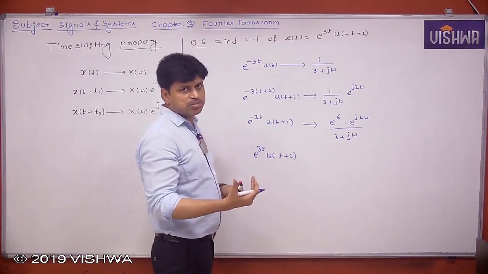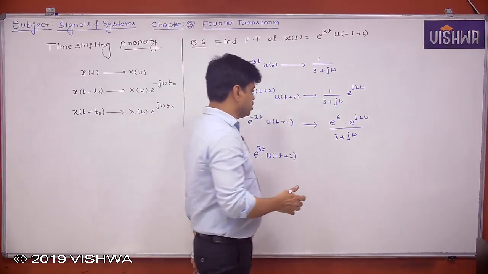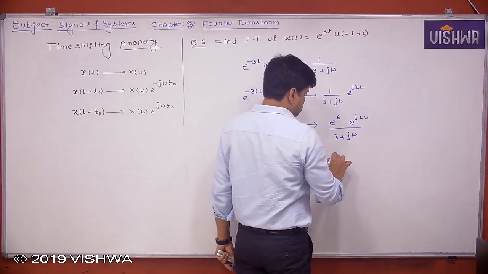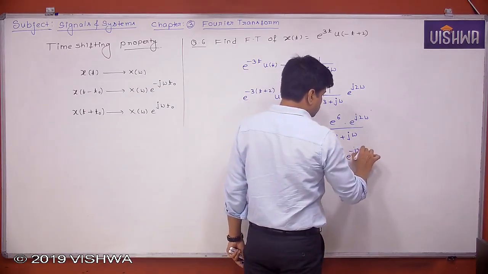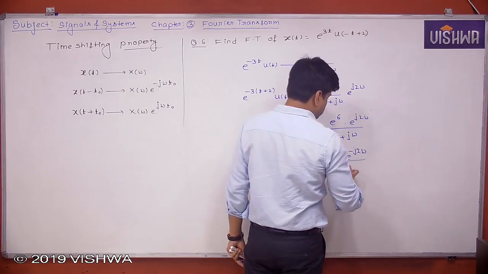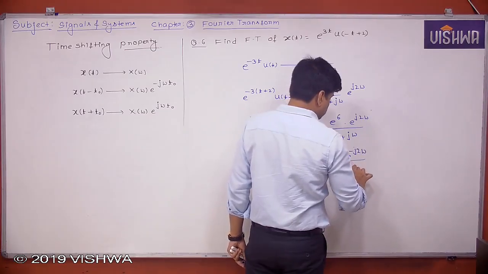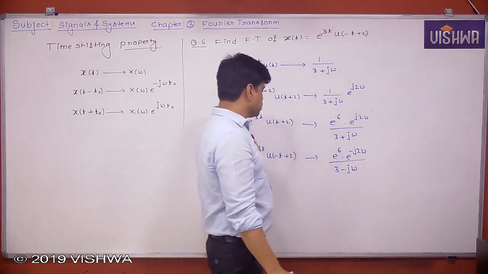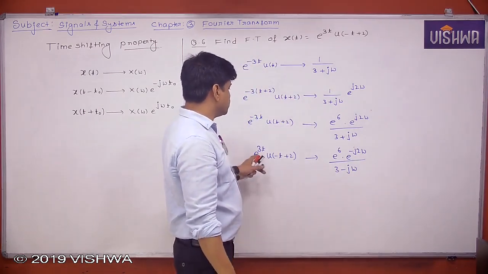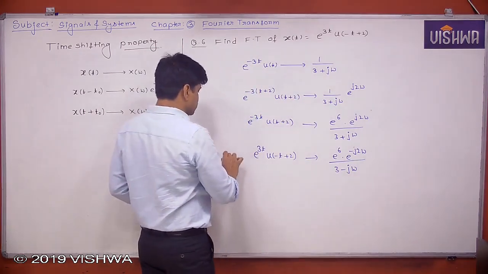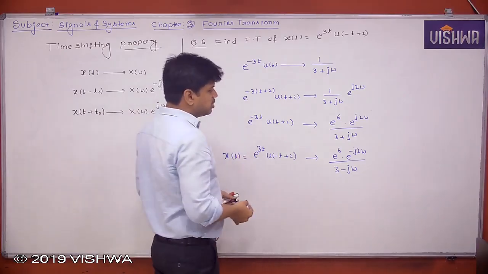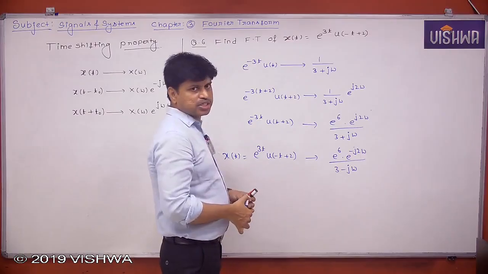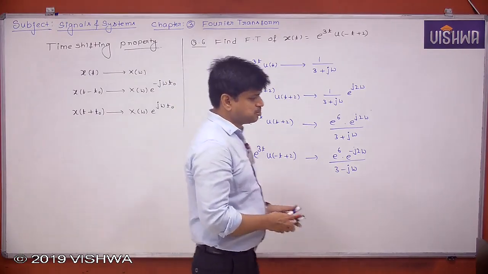We simply replace omega with minus omega. So this is going to be e power 6 e power minus j 2 omega by 3 minus j omega. This is the Fourier transform for the given function x of t. Clear? Take it.